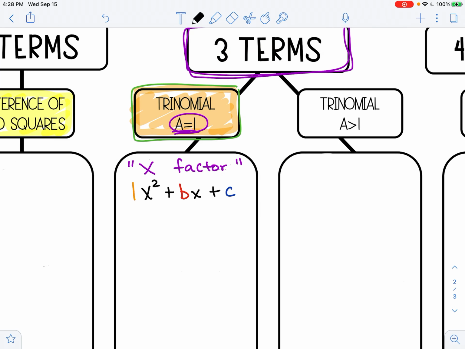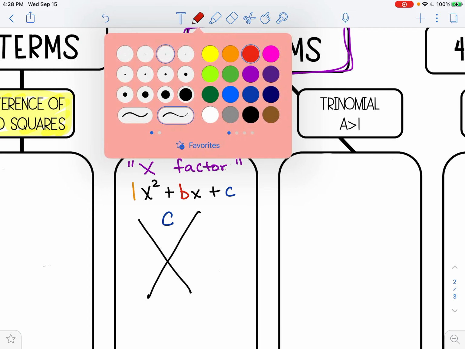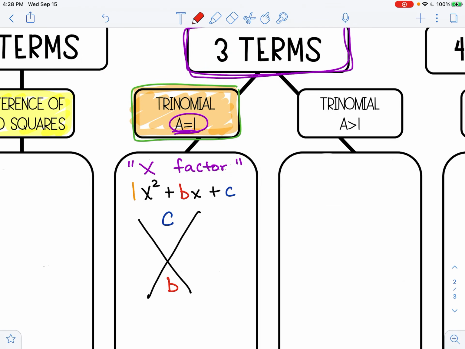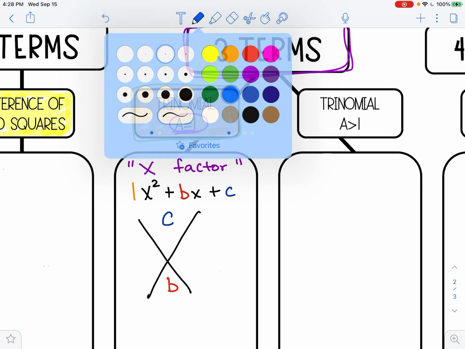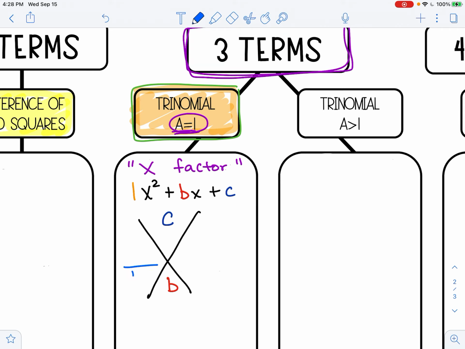We're going to draw a great big X. We're going to put the value of c up top and the b value on the bottom. Now, we're going to look for 2 numbers, we'll call them m and n, that will multiply to c but add to b.